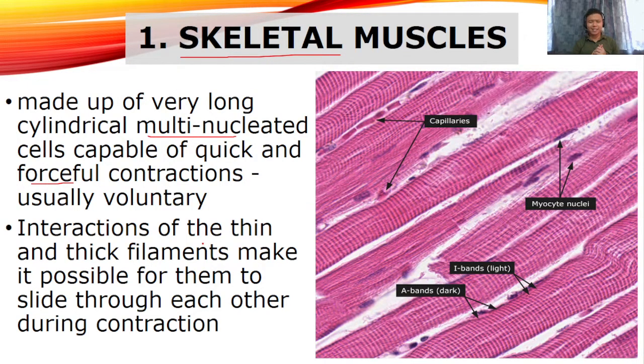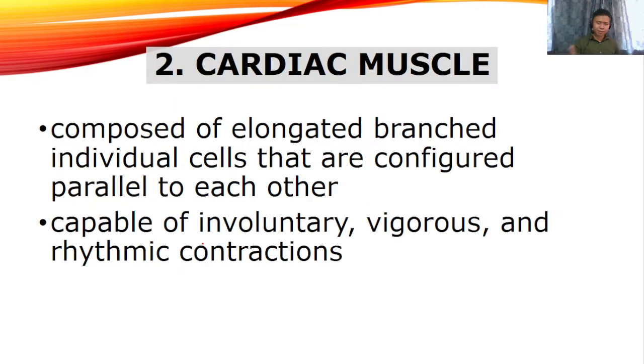Next we have the cardiac muscles. They are made up of elongated, branched individual cells that are configured parallel to each other, capable of involuntary, vigorous, and rhythmic contractions.